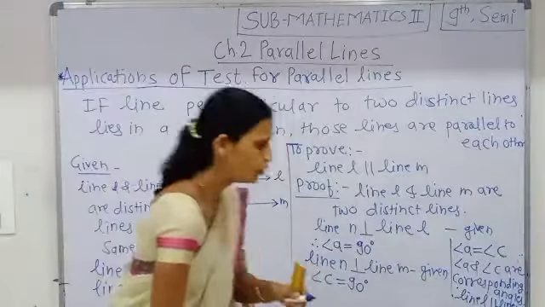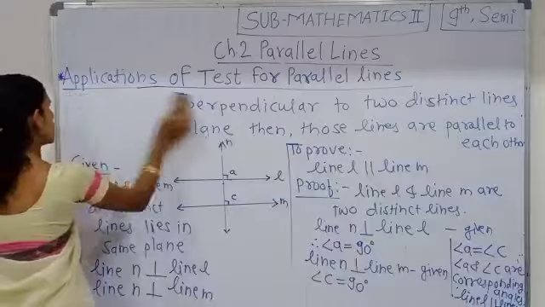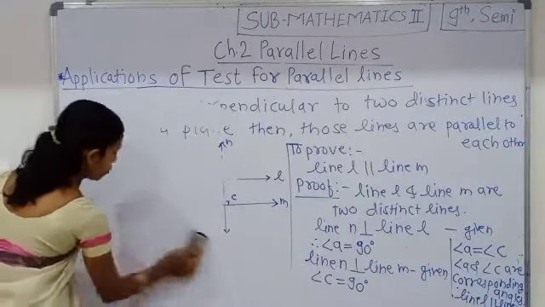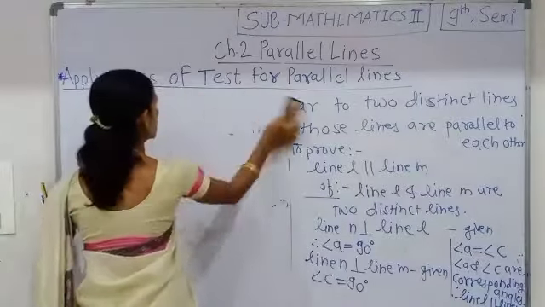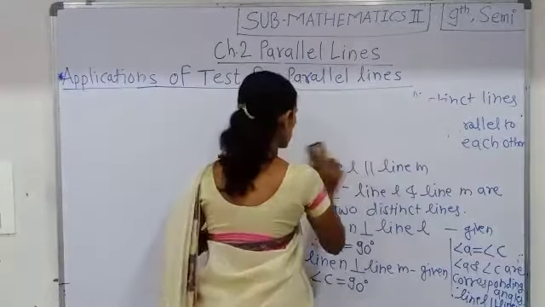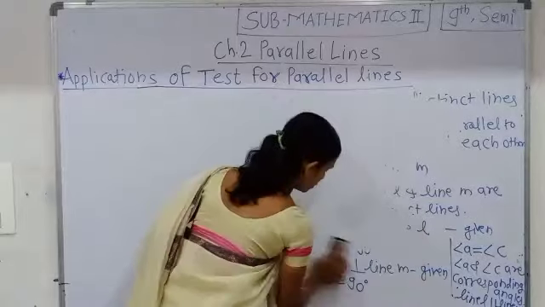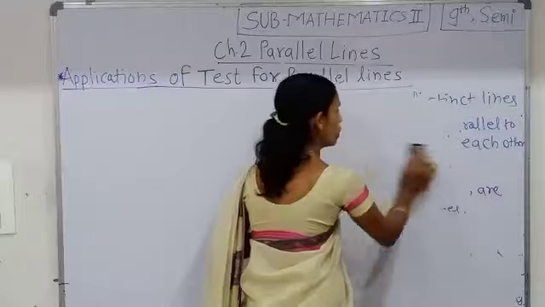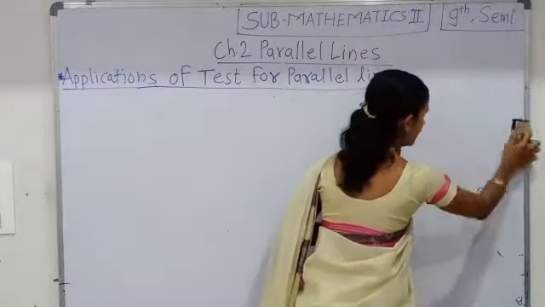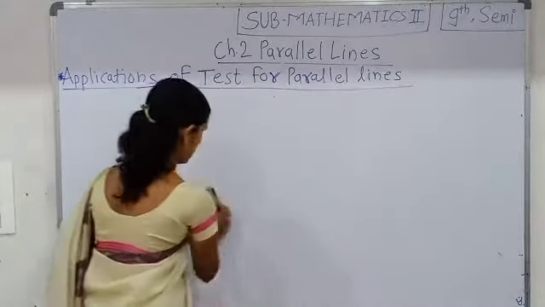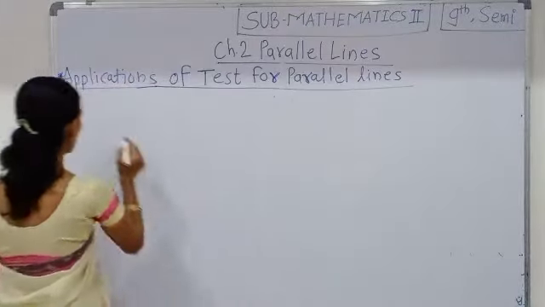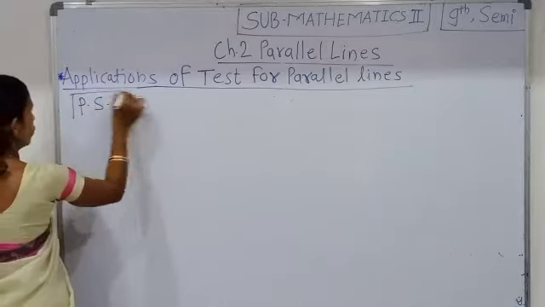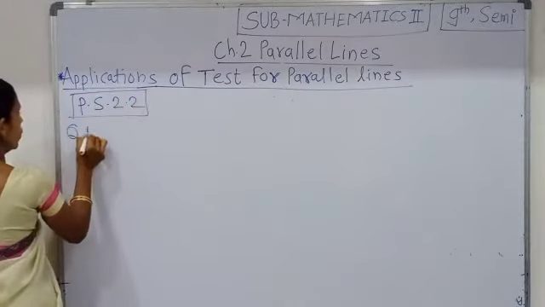Then there are a few examples based on those properties or theorems, given in practice set 2.2. We have to solve those examples. See here, practice set 2.2, question number 1.